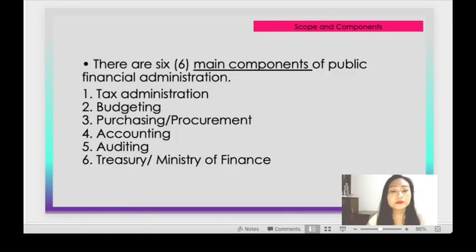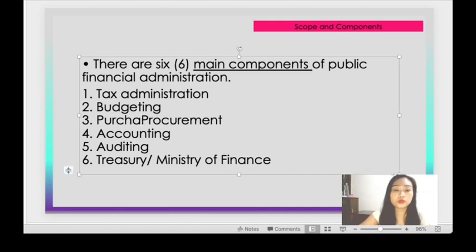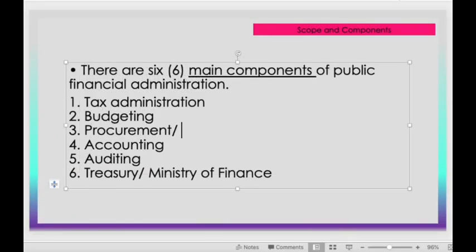Please remember that there are 6 main components of public financial administration, which I have listed out here. The first one is tax administration, followed by budgeting, purchasing or procurement. This is also called supply. I think it's better to call it supply. It's more updated.